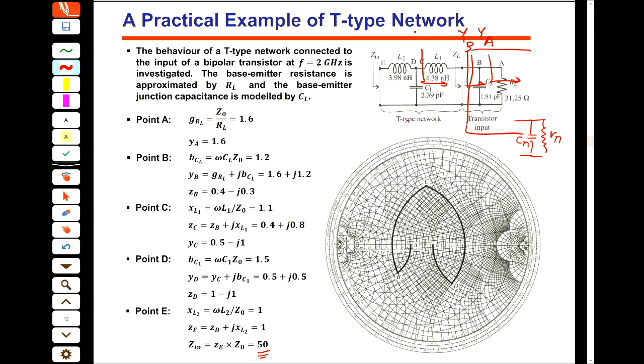Then we look at ZC, and change this ZC again to YC because it is in parallel with this capacitor. Then look at point YD, and finally change it again to impedance because it is in series with this L2, and look at this ZE, and we see that this ZE is 50.